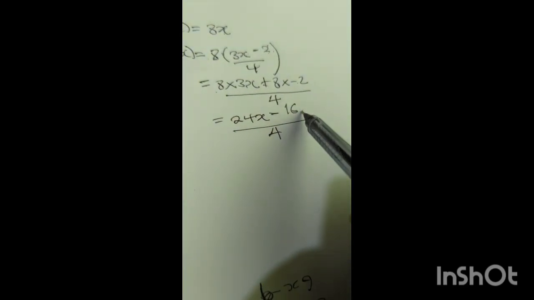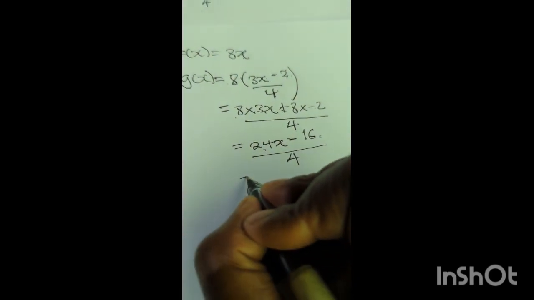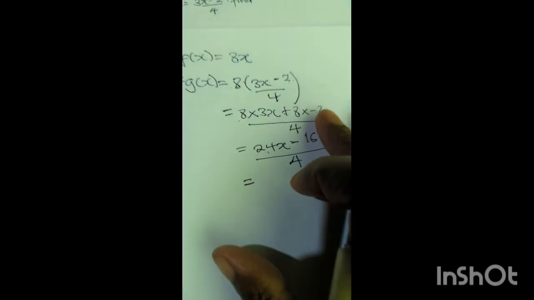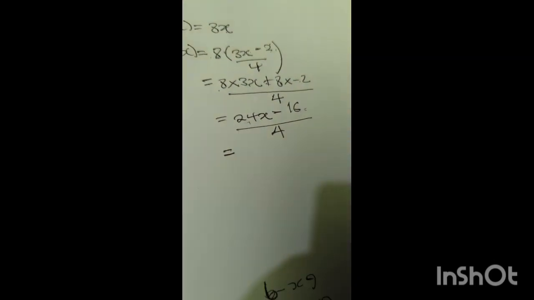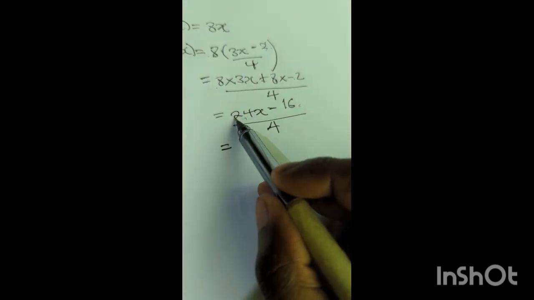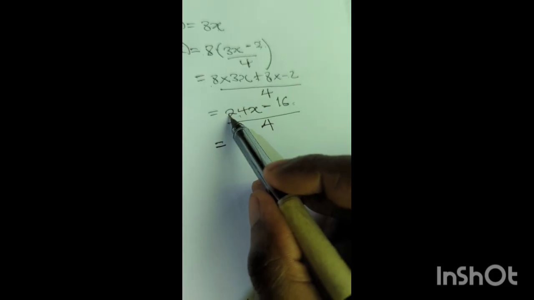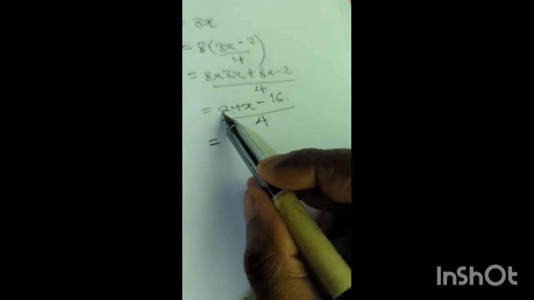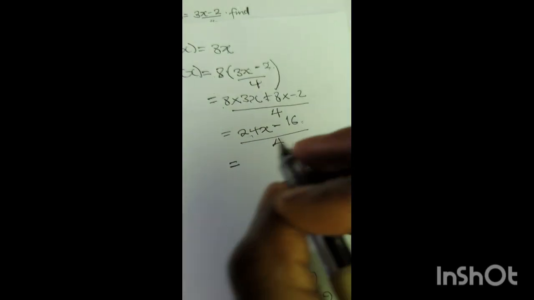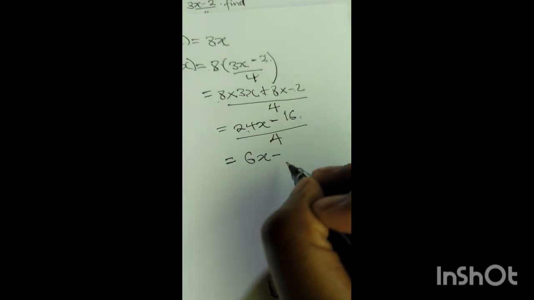4 can go into 16 and 4 can go into 24. So we simplify this. Remember, your answers are always supposed to be left in their most simplified forms. So 4 into 24, that's how many times? 4 into 24, that will give us 6x minus 4 into 16, 4.